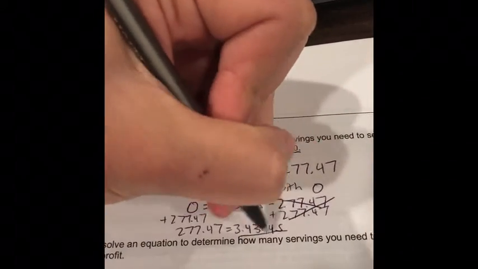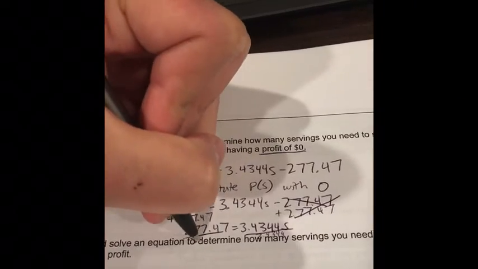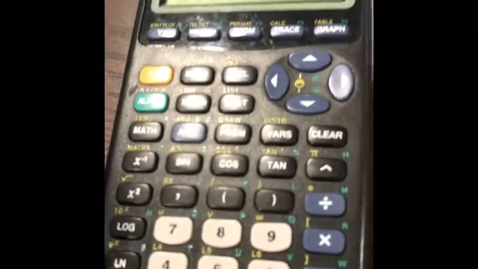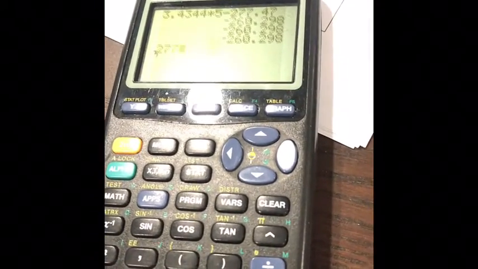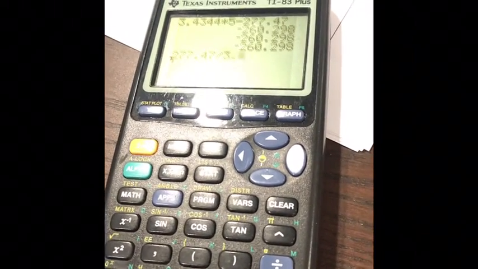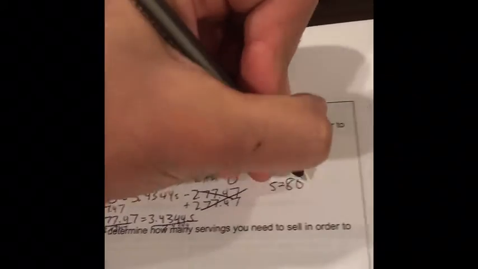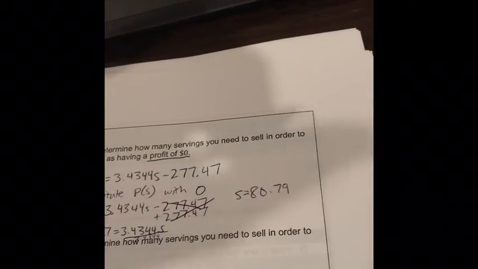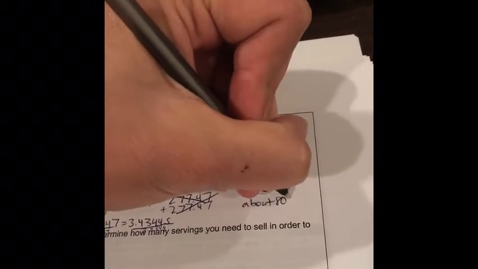So you're going to divide 3.4344 on both sides. 277.47 divided by 3.4344, so S equals 80.79. So basically, I need to sell about 80 to 81 servings.